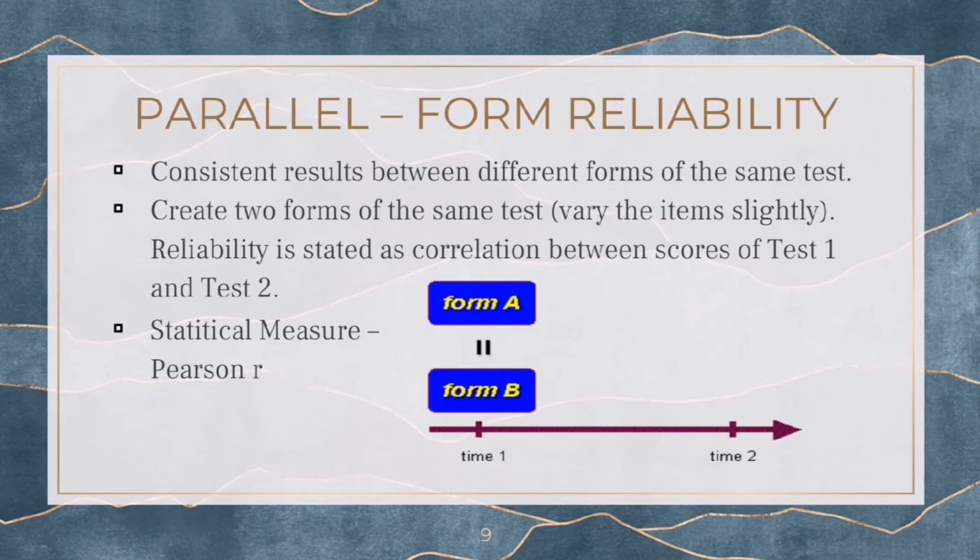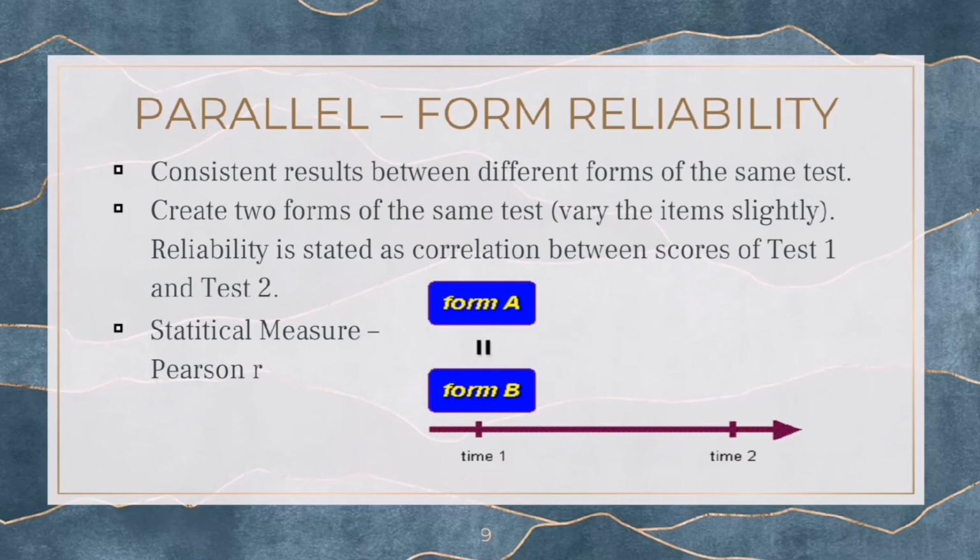After we divide the questions into two sets, we have Form A and Form B, which both have 50 items each. Like in my example earlier, we have 100 items, so they are divided. Now, Form A and Form B have 50 items each. We can give Form A for the pre-test and Form B for the post-test.